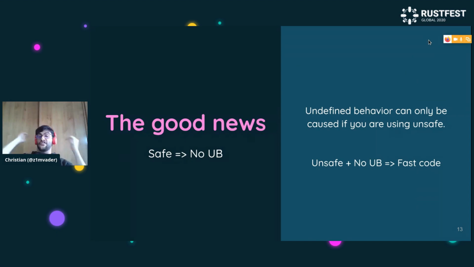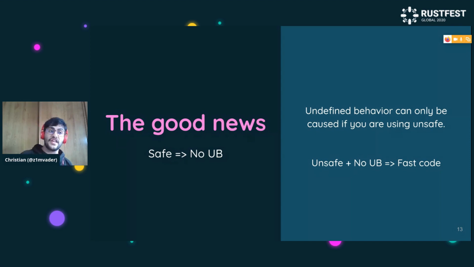There is good news for us, people in the Rust community. If we are using safe Rust and promise to never use unsafe, we don't have to worry about undefined behavior, because it shouldn't happen in safe Rust.